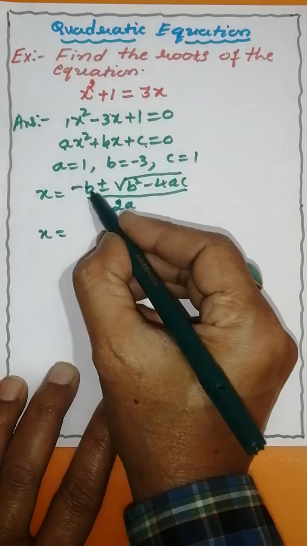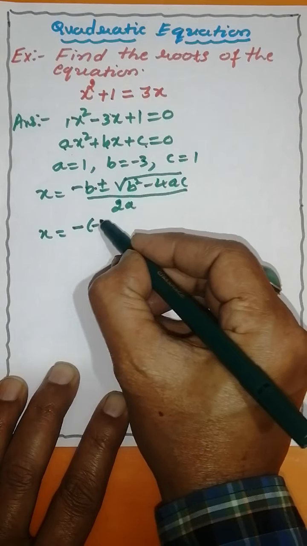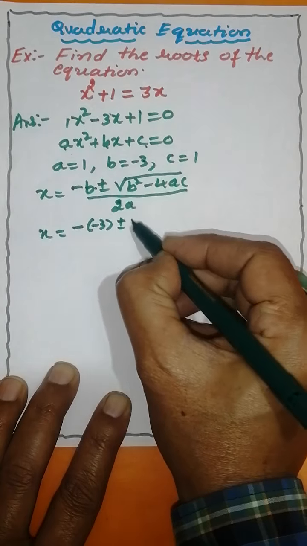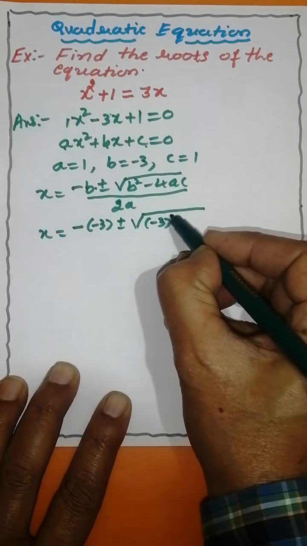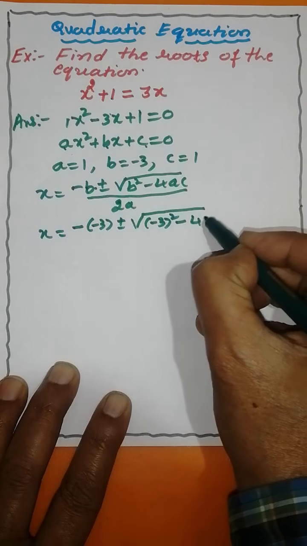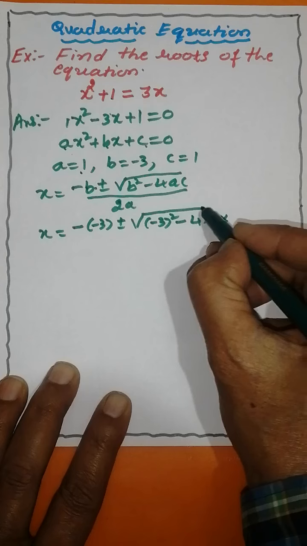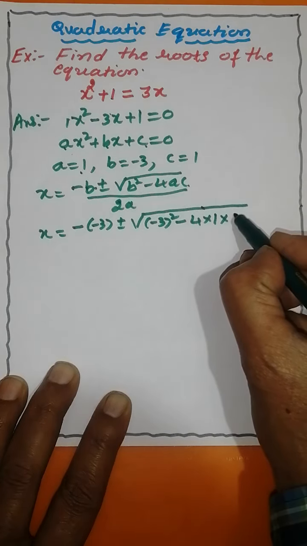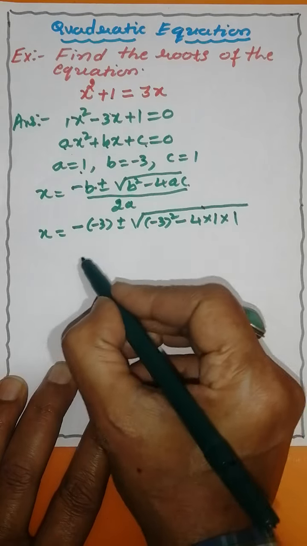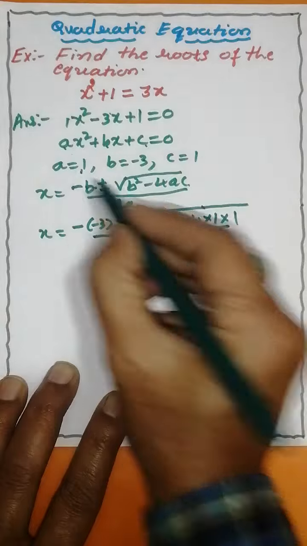Now x = −b, b value is −3, so −(−3) ± √(b²), b is −3 squared, minus 4a, a is 1 here, and c value is also 1, divided by 2 into a, a is 1.